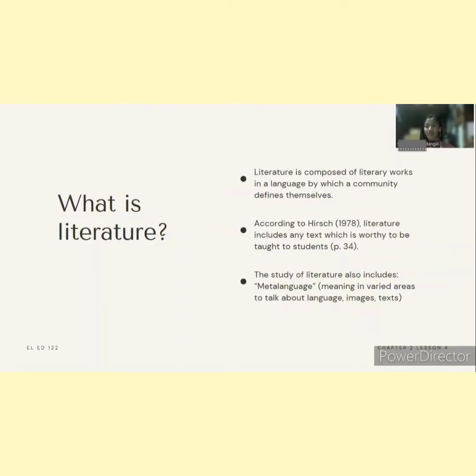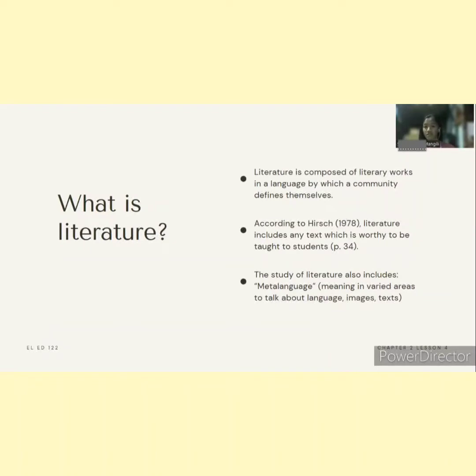Specific examples are the novels that Dr. Jose Rizal wrote, Noli Me Tangere and El Filibusterismo, and another example is Florante at Laura and Ibong Adarna.